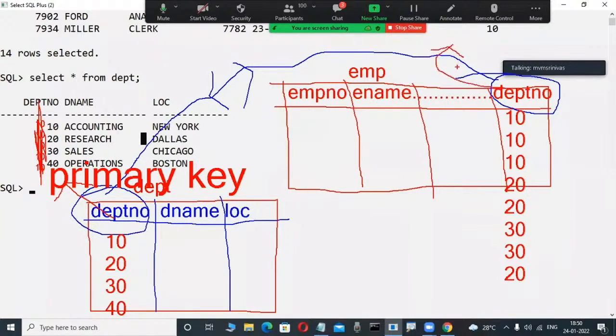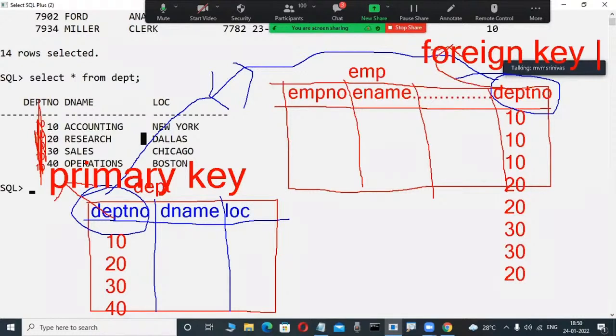We will be defining foreign keys, don't worry. These foreign keys, primary keys, check, unique, these types are called constraints, and we are learning them in our course. In a relational data model where a common column is there, the column that does not accept duplicate data is the primary key. Whenever a column accepts duplicate data, that is called a foreign key.